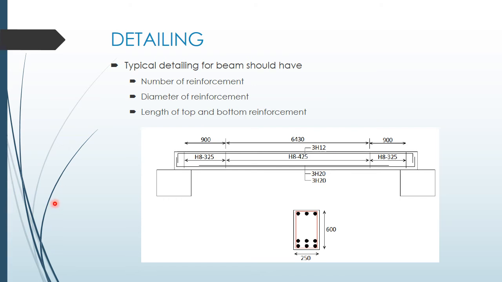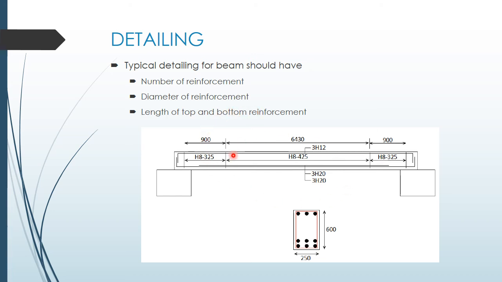This is the last part we should do in design, by providing detailing for the beam. Typical detailing for a beam should have number of reinforcement, diameter of reinforcement, length and top-bottom reinforcement. Look at this detailing for a simply supported beam.